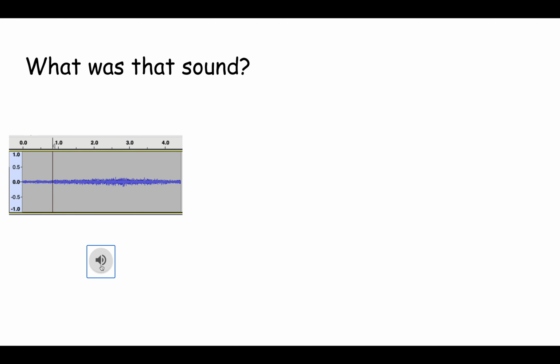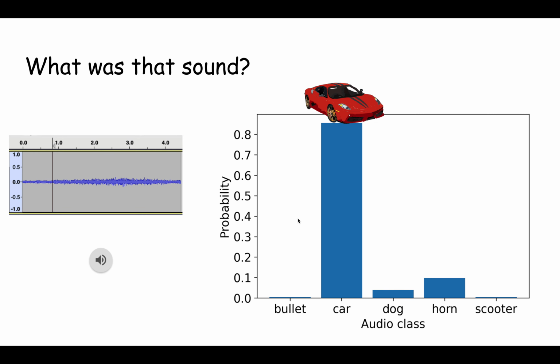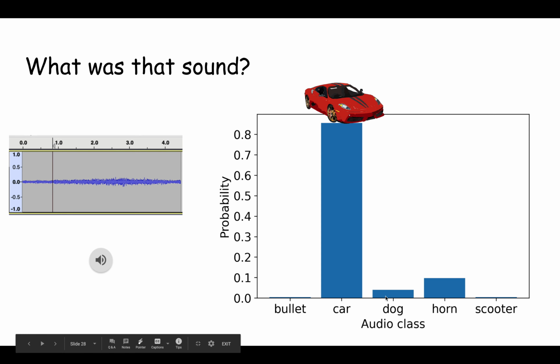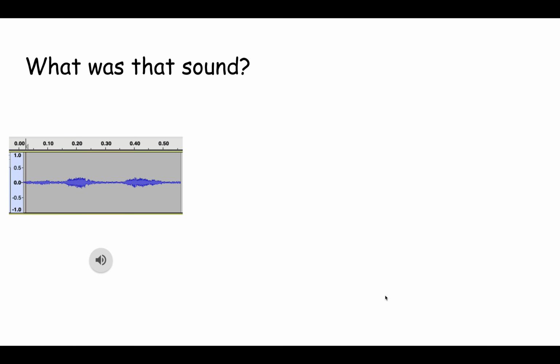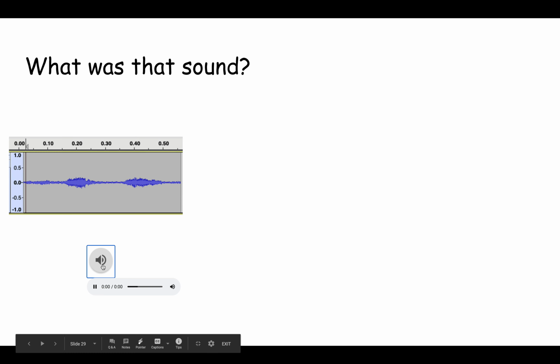Now let's look at this sound. And this was identified as a car where the probability is above 0.8, and the probability for other classes is much lower. And then moving on, now let's hear this sound.